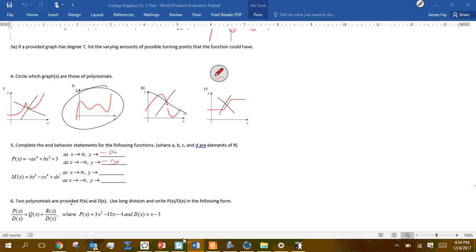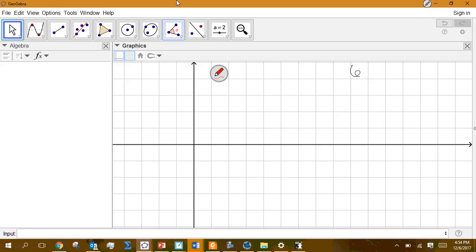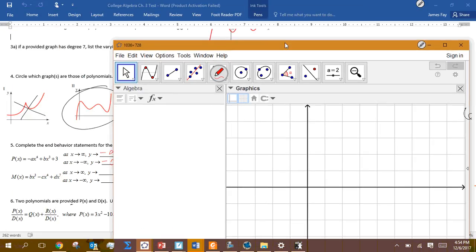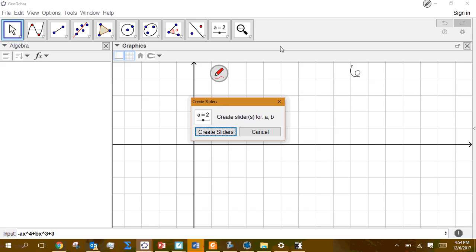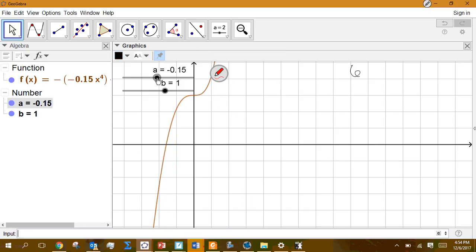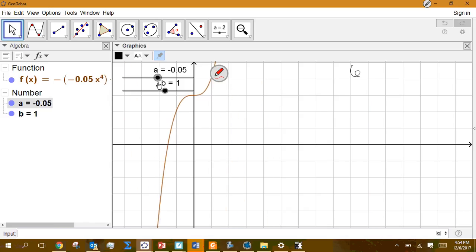Maybe we do that in GeoGebra real quick, to give you a better view of that. I think I had negative A x to the fourth plus B x cubed plus 3. Okay, and no matter what A is, you see that end behavior.